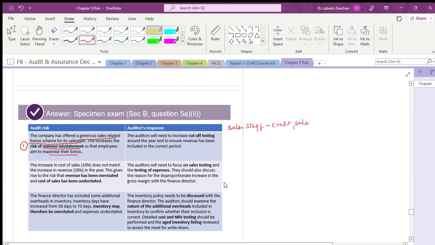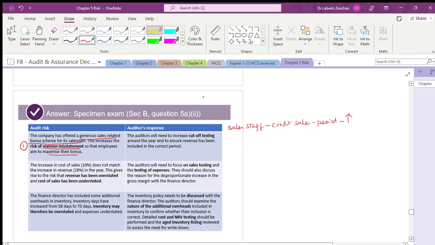The credit sales period is also increased. People will buy more. That's the way it will work. When you are doing these things, the sales staff will sell and have credit sales, and that is the risk.